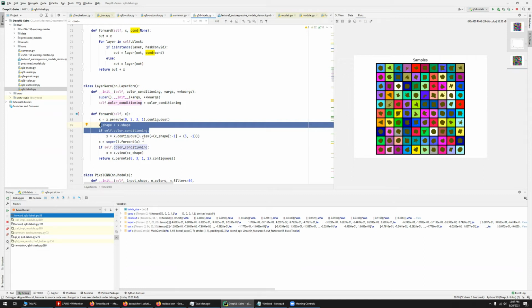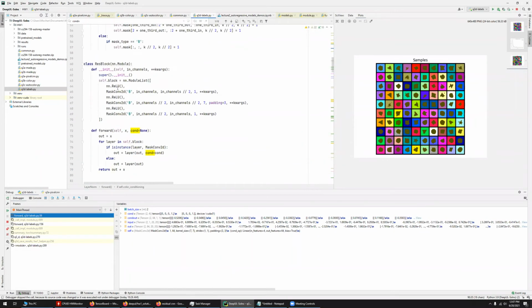It has to be the right shape. So all it is doing here is changing the shape. Oh no, sorry, this is for color conditioning, not for this. So there's no condition here. Never mind, I should have mentioned this in the color conditioning part. The layer normalization does that.